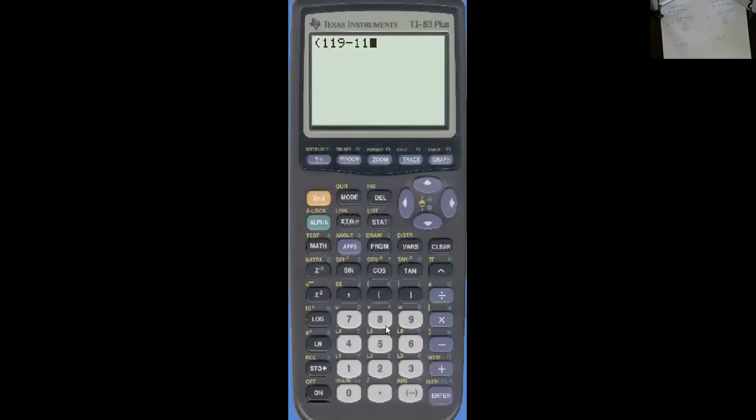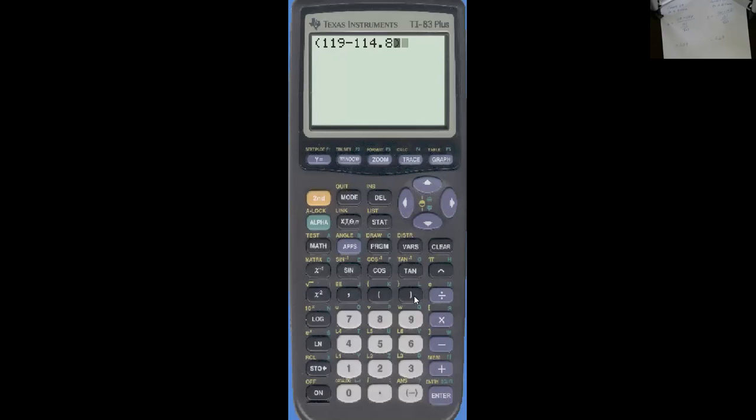For that first z-score, for the numerator, I'm going to put in a set of parentheses: 119 minus 114.8.